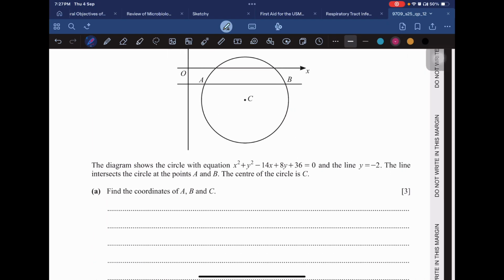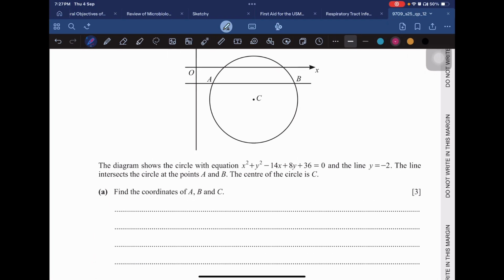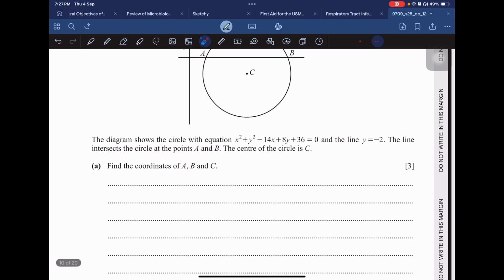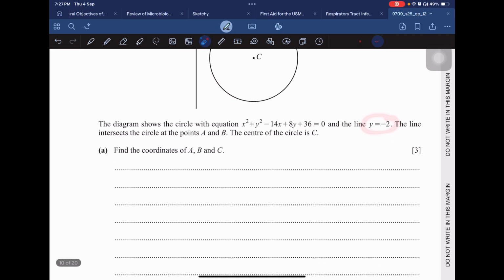All right. So for the coordinates of A and B, we need to find the points of intersection of the line and the circle. So we'll input the line equation into the circle equation. The line equation is given as y equals to negative 2. So x squared plus, I'll replace y with negative 2, y again with negative 2.